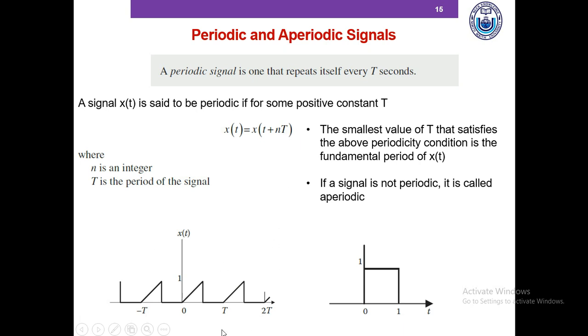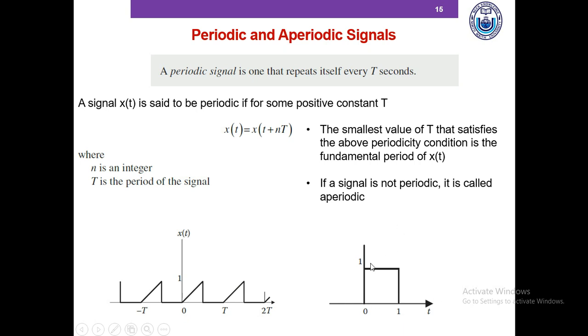So here's an example of a periodic signal. This pattern here, this triangle shape, this sawtooth shape, and this 0 gets repeated from minus infinity to plus infinity. There is no break. And this is an example of an aperiodic signal.